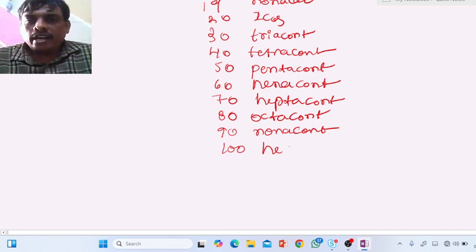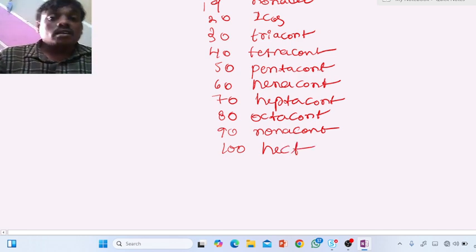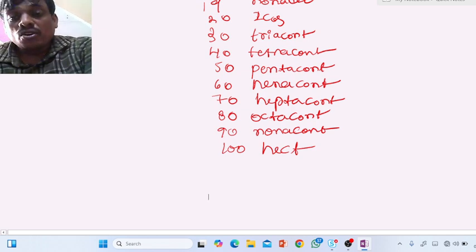Like this, 100 carbon chains also will come in the future classes.